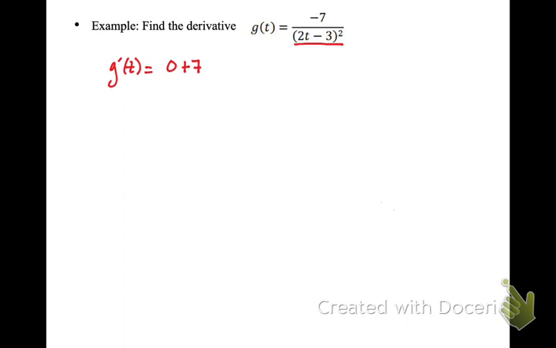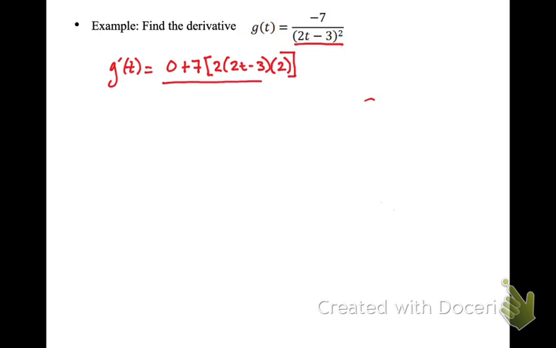So the outside function is like the x squared, so that's going to be 2 times the inside, and then 2 minus 1 is 1, times the derivative of the inside. 2t minus 3, derivative, so 2.